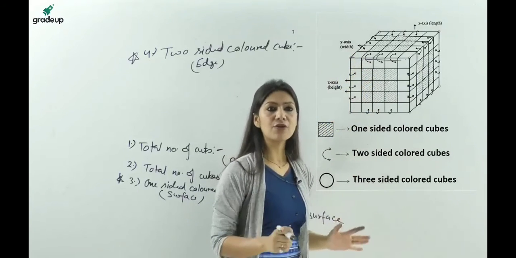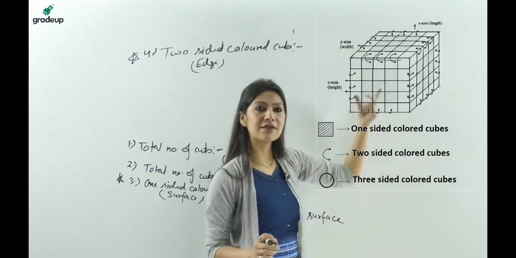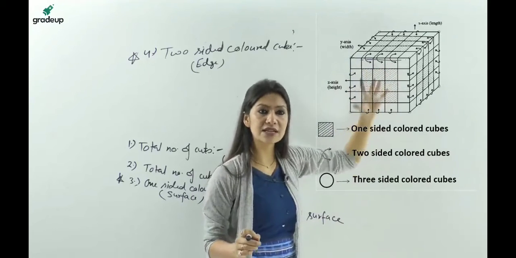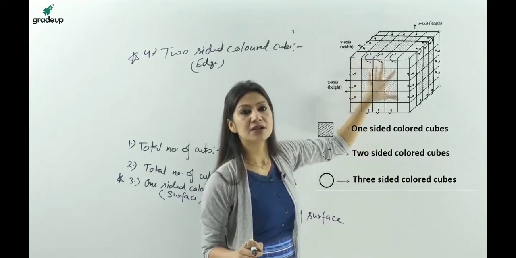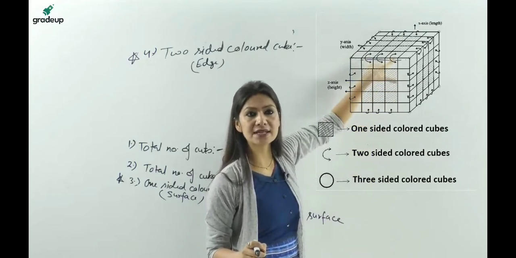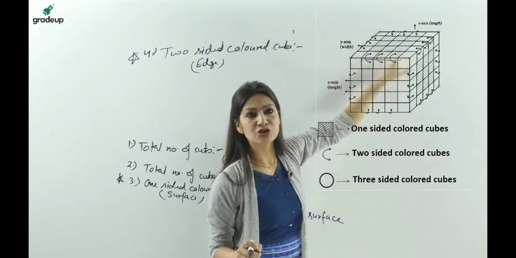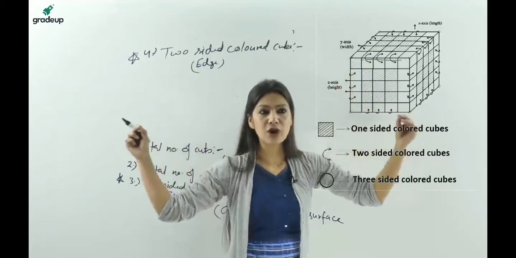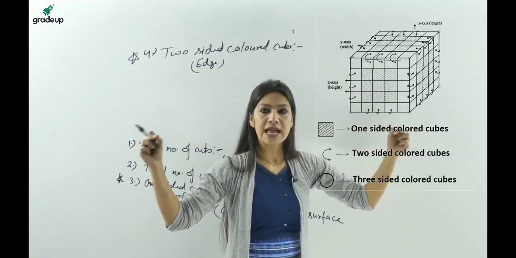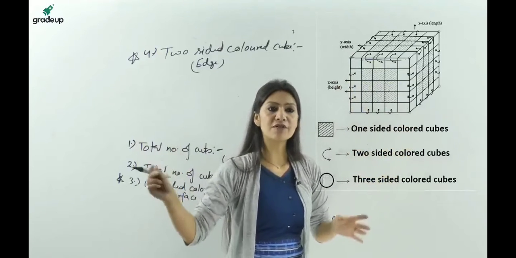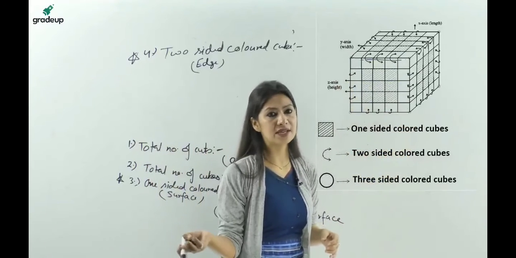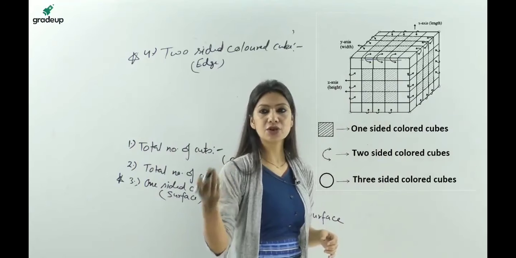So right now we can see that we have only 3 cubes which are really needed, which are 2-sided colored cubes. The rest of the 2 are in contact with 2 corners, and that will always be so, whatever the value we have for a particular A, whatever the cube is, right?